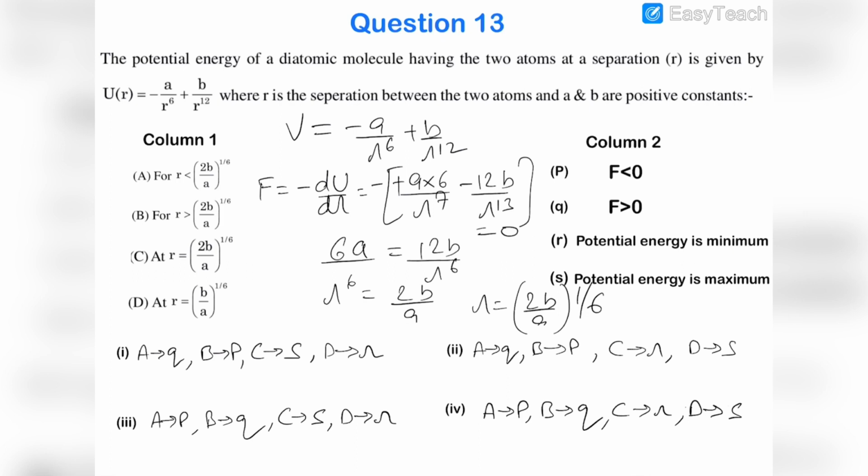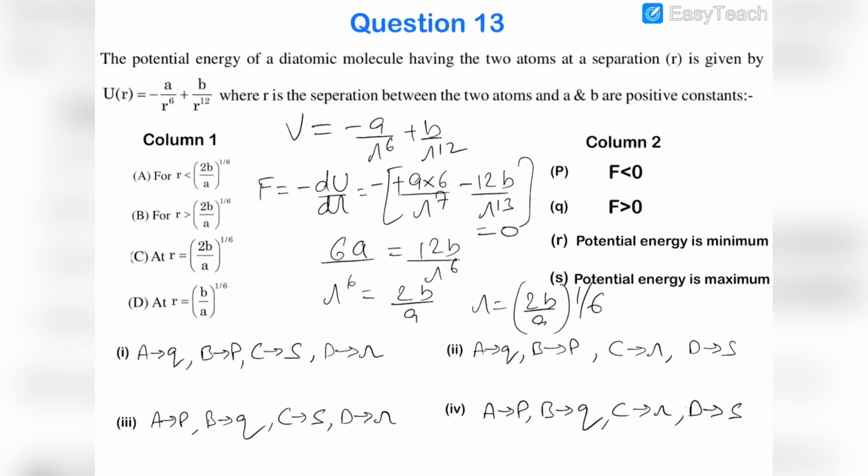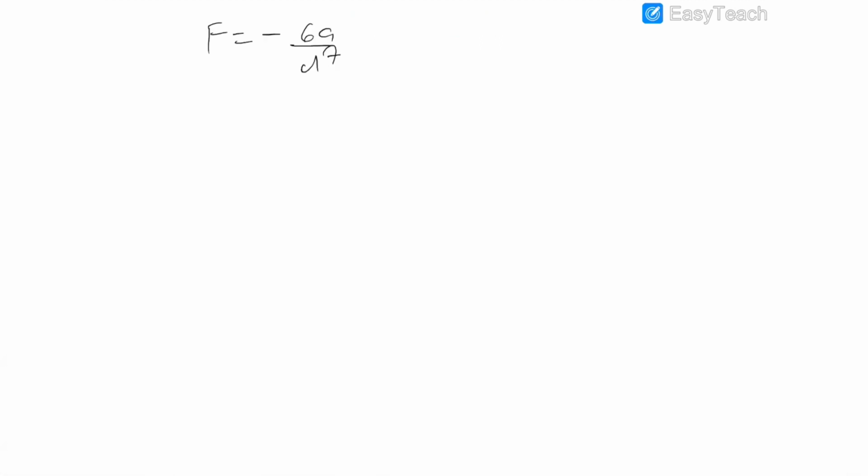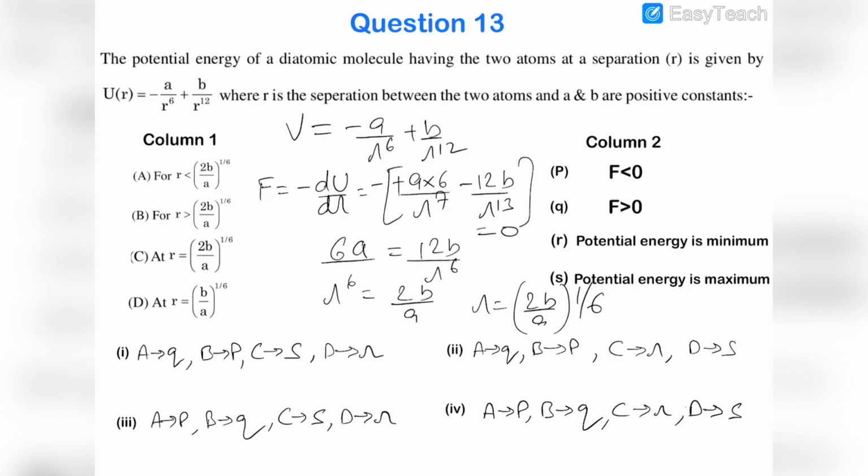So if we substitute the value of 2B by A to the power 1 by 6 in this equation, so let us see that if we substitute the value of r, we know that F is equal to minus 6A by r to the power 7 and plus 12B by r to the power 13.